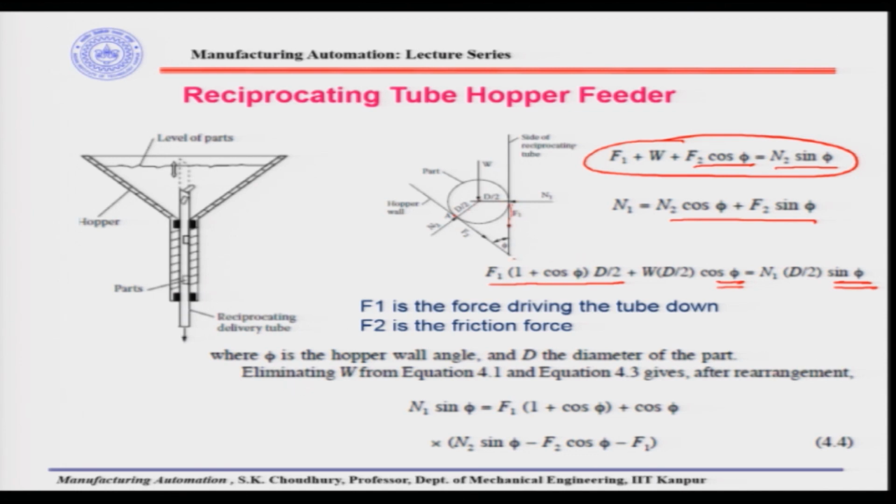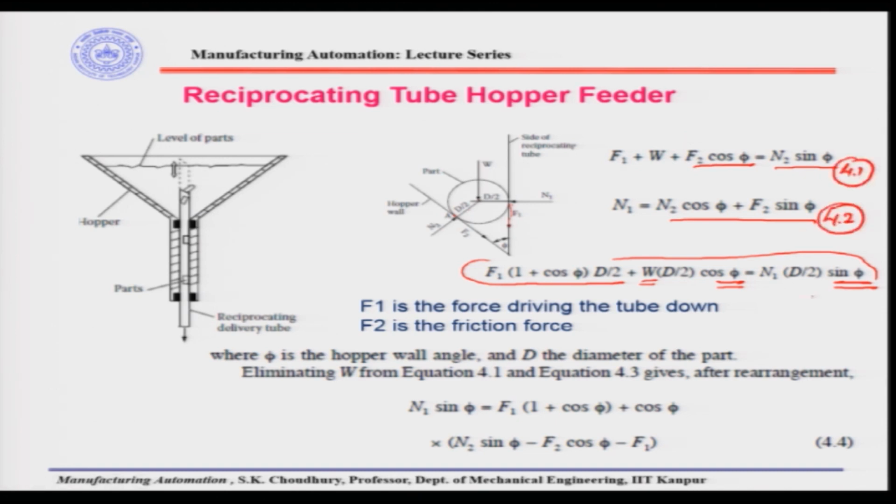Now, let us say this is equation 4.1, this is equation 4.2, and this is equation 4.3. We will take the value of W from equation 4.1 and put it in equation 4.3. After rearrangement, this is what we get.